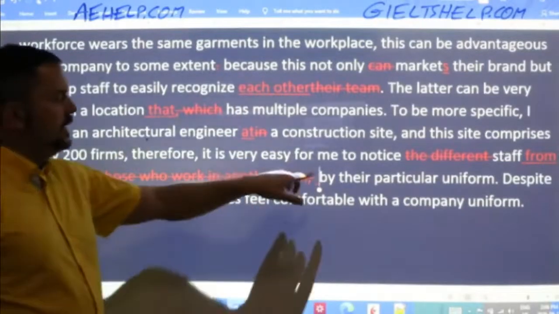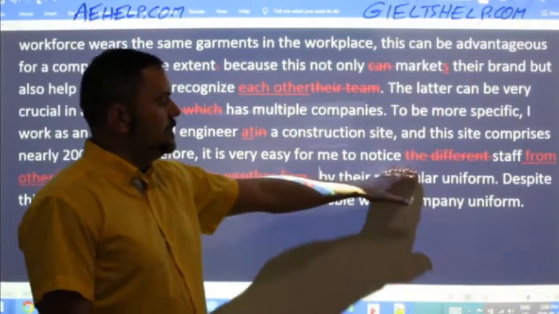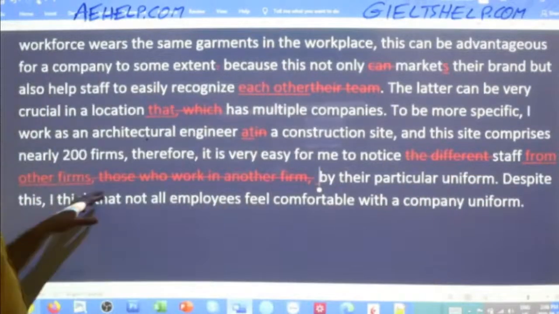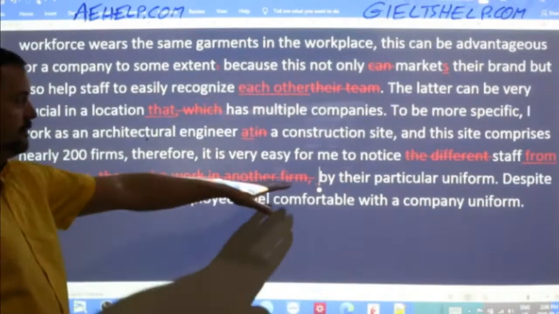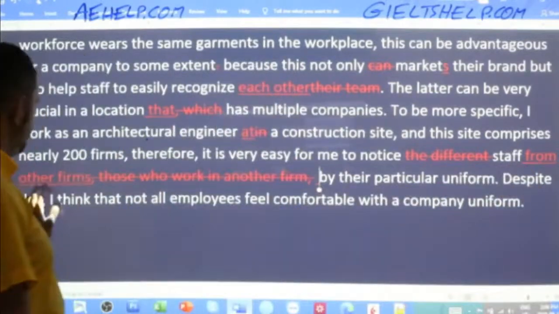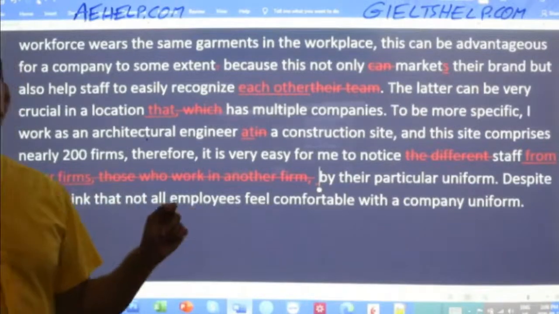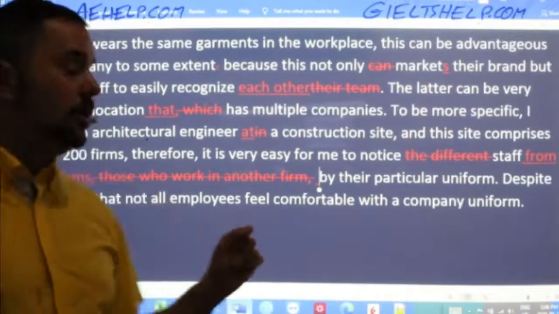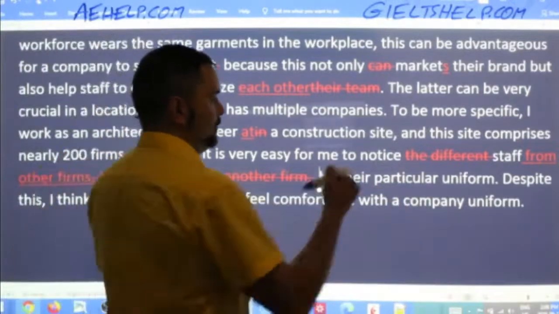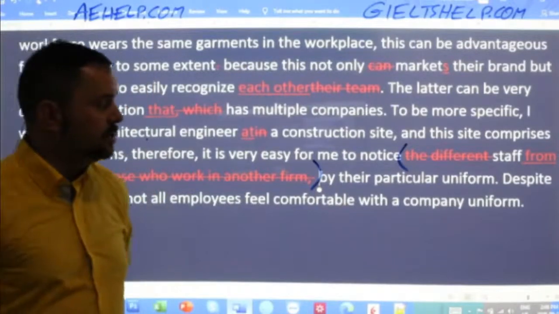Okay, so here in this, let's call it the last correction, I took out the different staff, those who work in another firm, and I just wrote staff from other firms, and I even took out the comma. What's my correction here? So in this very last one, from here to here, what's the correction? What's the key correction that I'm doing?